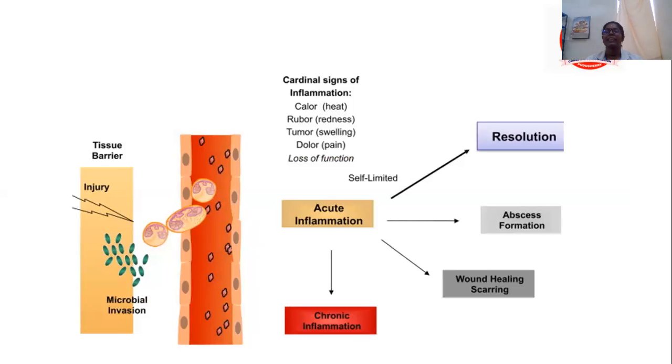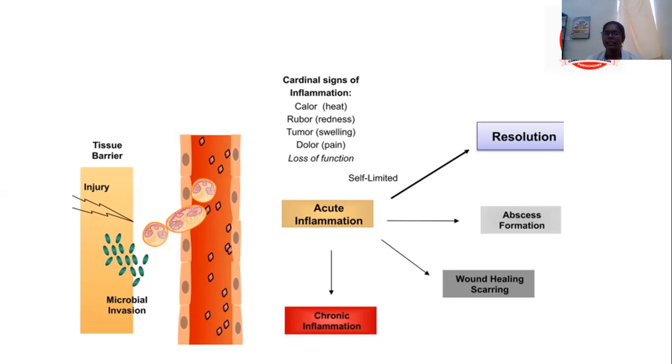This picture clearly tells the outcome of inflammation. As soon as a microbial invasion or injury occurs in our body, it will induce the acute inflammatory process. In this process we have vascular and cellular events: dilatation of the vessels and increased permeability, followed by stasis, pavementing of the cells, and emigration of the neutrophils to kill the bacterial invasion.